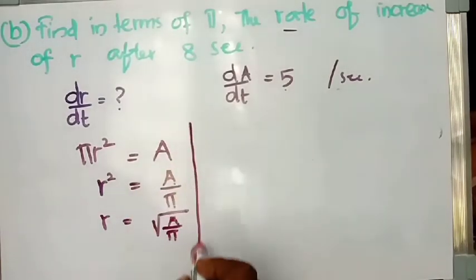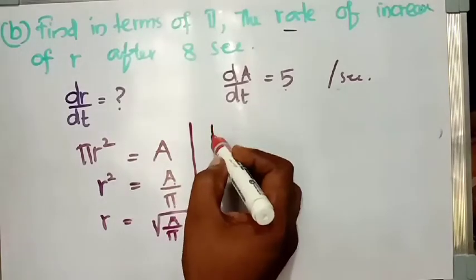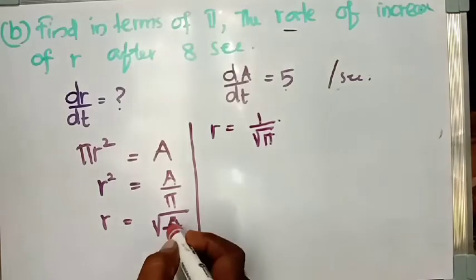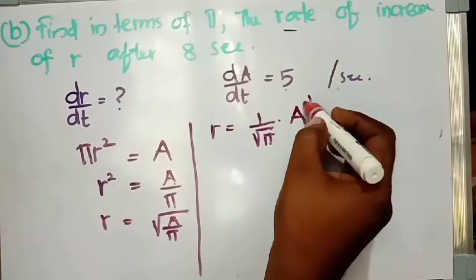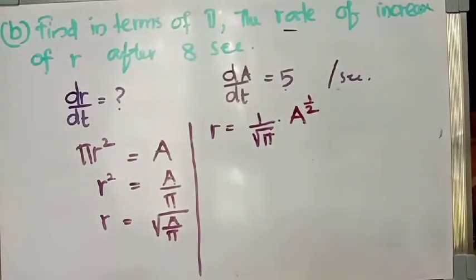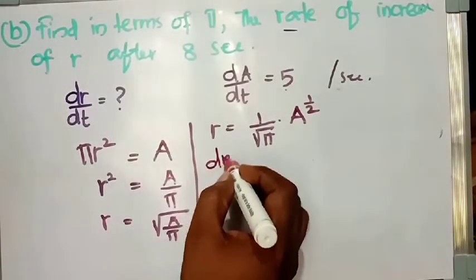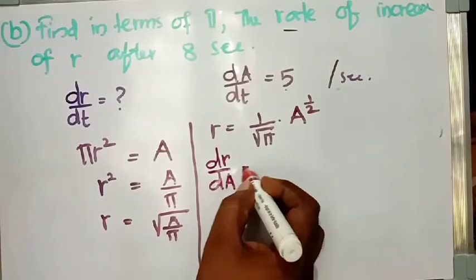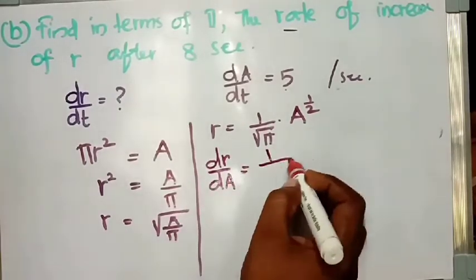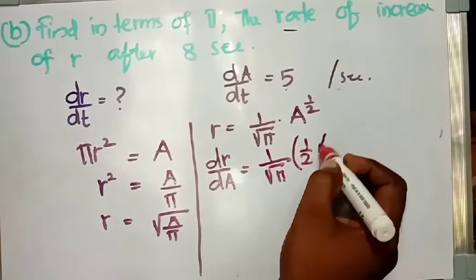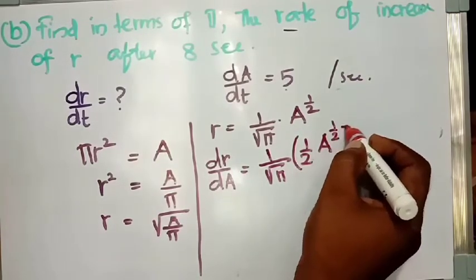So as we want to differentiate it, we need to make it in standard form as 1 by root pi into root A, which can be written as A raised to 1 by 2. Square root of A by pi can be written as square root of A divided by square root of pi, that is 1 by root pi. Now if you differentiate it with respect to A, we get 1 by root pi of 1 by 2 A raised to 1 by 2 minus 1.